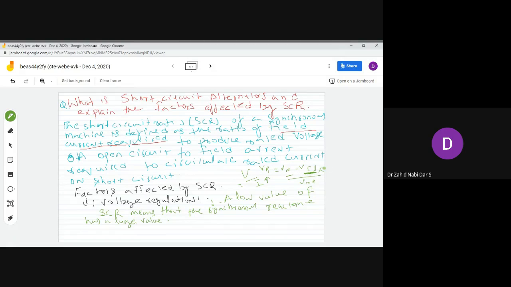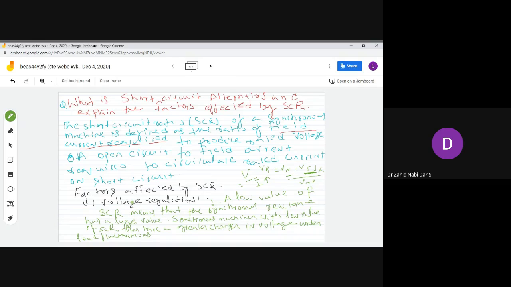So synchronous machines with low value of SCR thus have greater changes in voltage under load fluctuations. That is one thing.